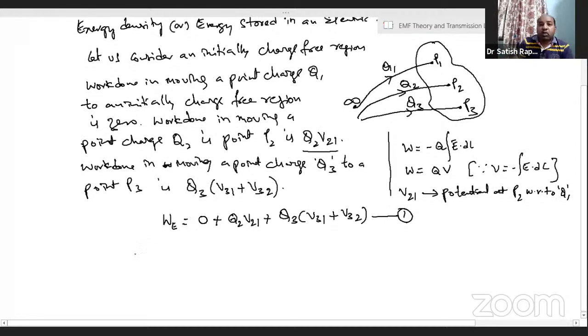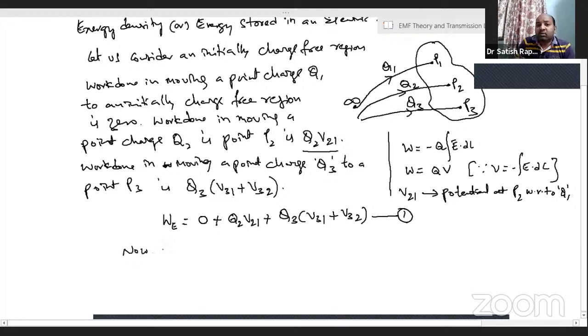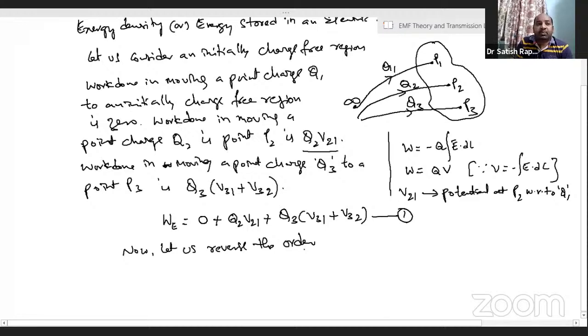Now let us reverse the order, right? Reversing the order means that earlier Q1 was placed at P1, and then Q2, and then Q3.